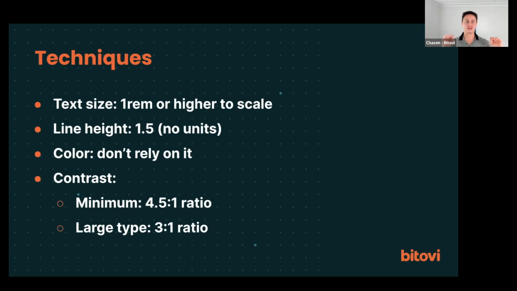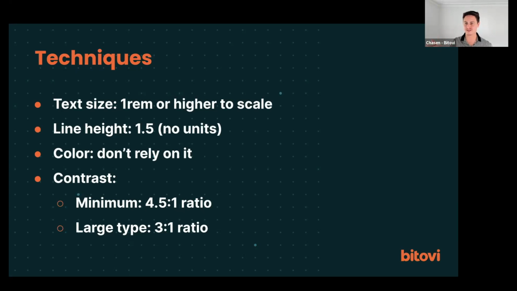Why is that? The larger the text is, the easier it's going to be to see, which means it can have less contrast with the background color. These are the minimums for, I think, AA in WCAG. It's great to have higher contrast, because that's going to make it a lot easier for you to read your text.